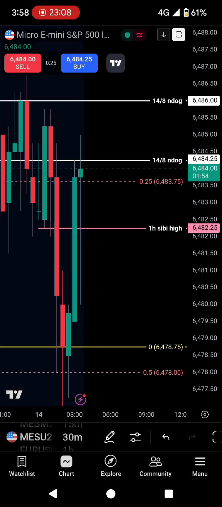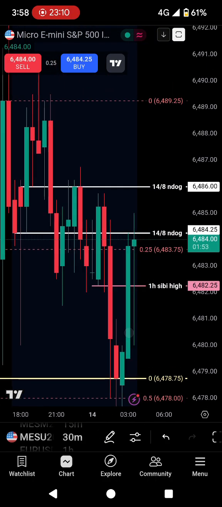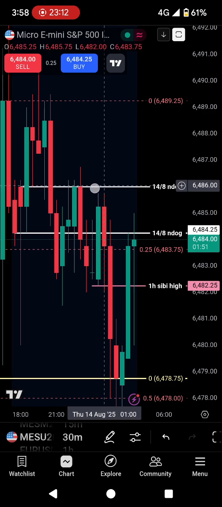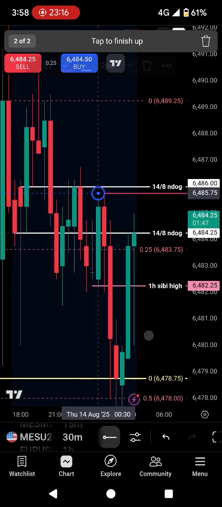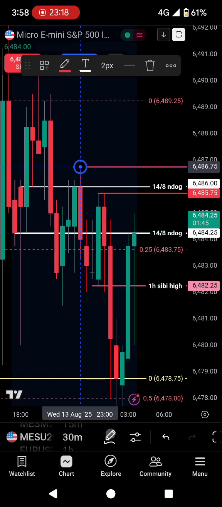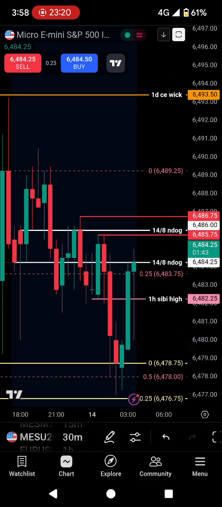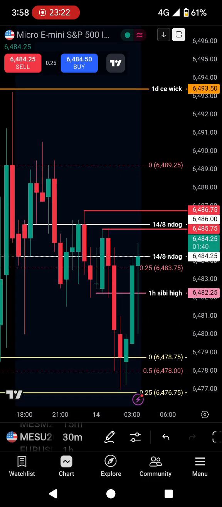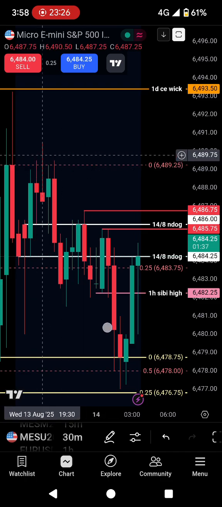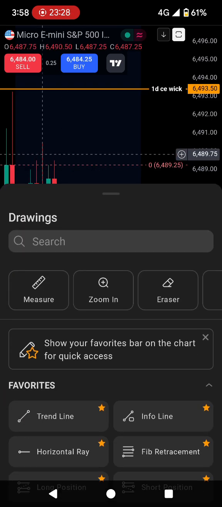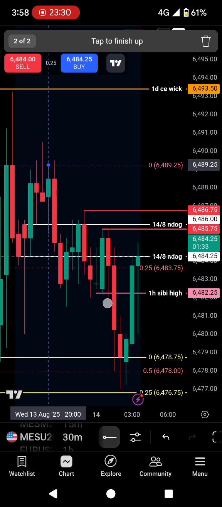So if you want to reach higher, where does it want to reach for? Okay, here we got relative figure high, buy side here, buy side here, buy side here. And yesterday Asia buy side here.